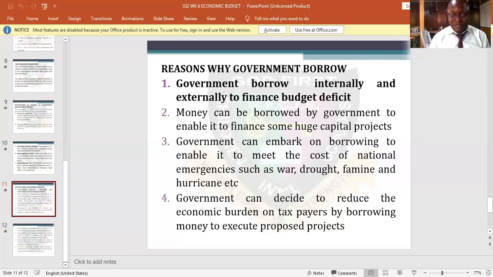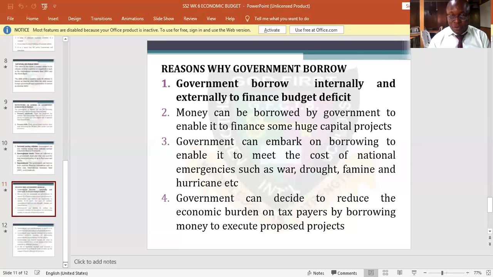Like this country now, when there's no money to buy weapons for our army, then government also can borrow from outside so that they can buy weapons and use them to fight Boko Haram. They can borrow because of that.